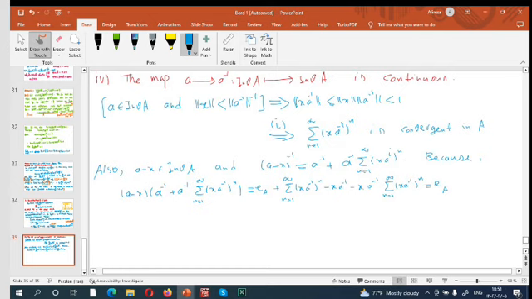Because if we see these two elements, this equals minus this summation.